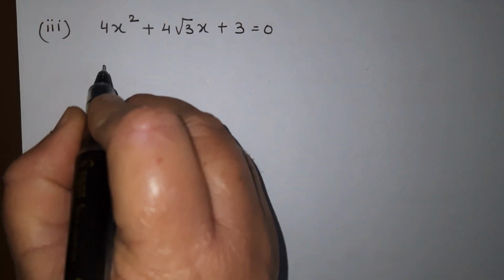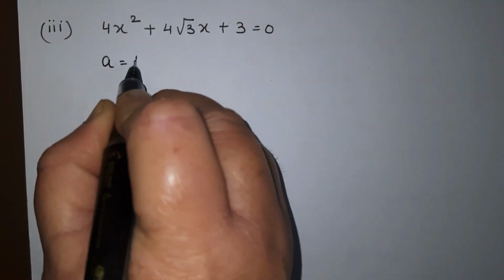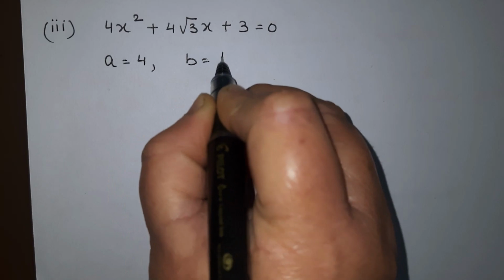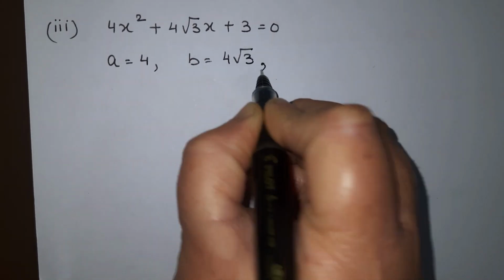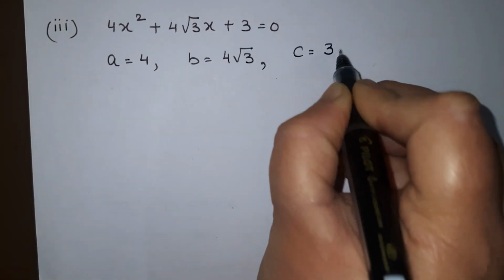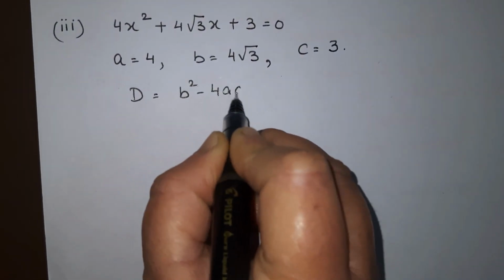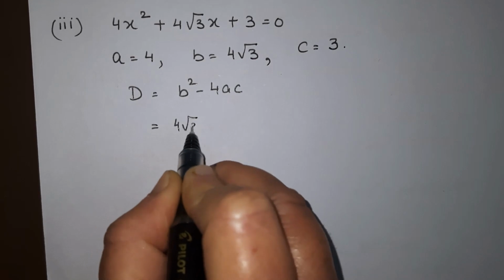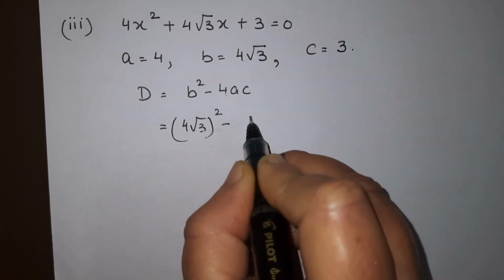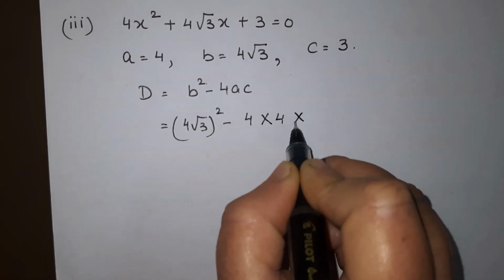We have the third equation now. So a is 4, b is 4 root 3 and c is 3. D is b square minus 4ac. So this is 4 root 3 square minus 4 into 4 into 3.